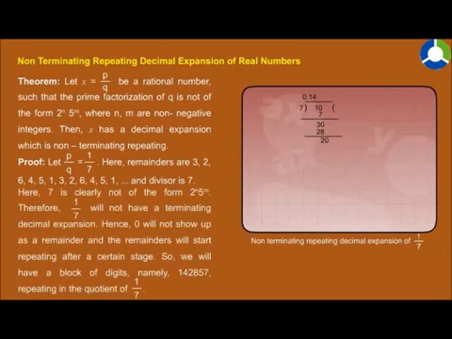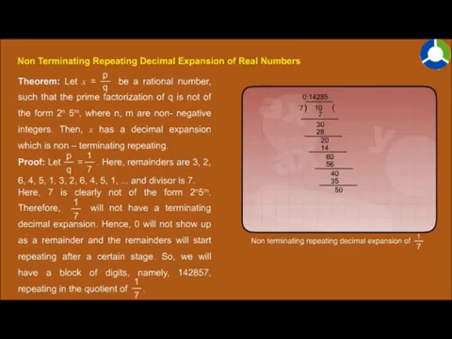Here 7 is clearly not of the form 2^n 5^m. Therefore, 1/7 will not have a terminating decimal expansion.